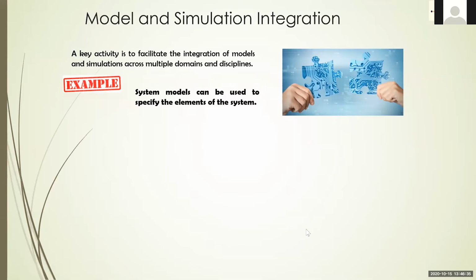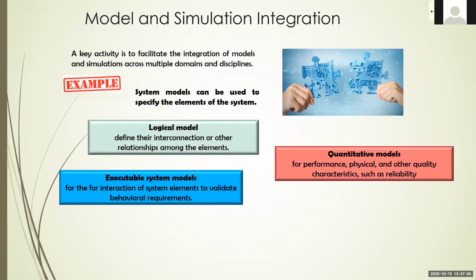Another aspect is that during the development of a system, you have different models. We may have models at different levels of abstraction, but we may also have models from different application domains. So over there we have a challenge.